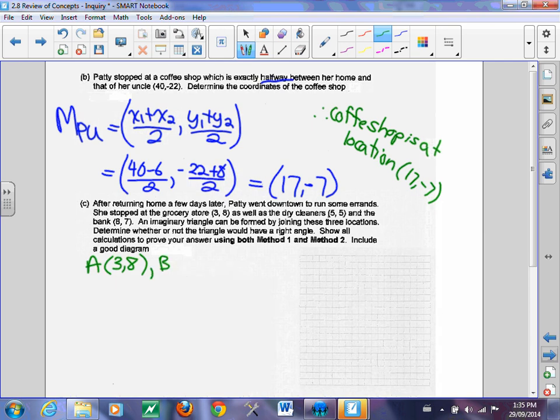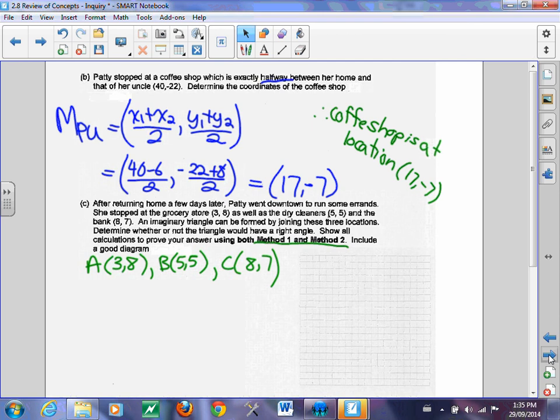Let's let that be ordered pair B. And then at the bank, which we'll let be ordered pair C. The imaginary triangle can be found by joining these 3 locations. Determine whether or not the triangle would have a right angle. Show all calculations to prove your answer using both methods 1 and 2. I'll show you what the 2 methods are, and include a good diagram.